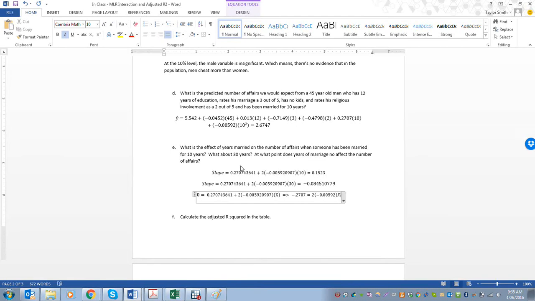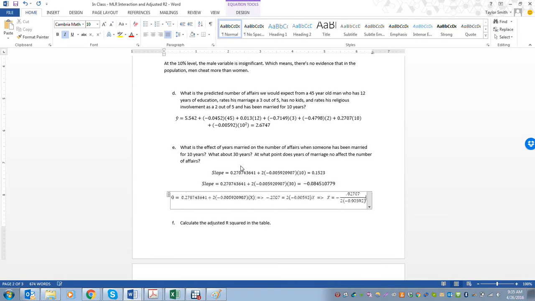Then I need to divide both sides by 2 times negative 0.00592. So this leads us to x equal to negative 0.02707 divided by 2 times negative 0.00592. Okay, and then we just need to plug that into a calculator.